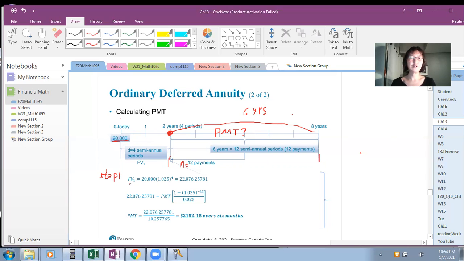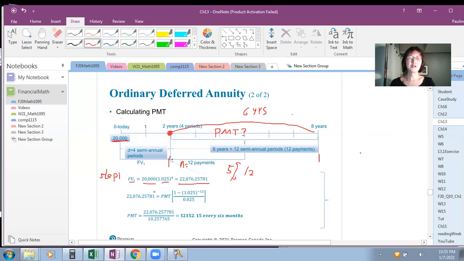We use this formula, FV equals PV times (1 plus I) raised to power N. In this situation N is D. Interest rate is compounded semi-annually, so 5% divided by 2. It is 2.5%, 0.05 divided by 2 is 0.025. So you get the future value.